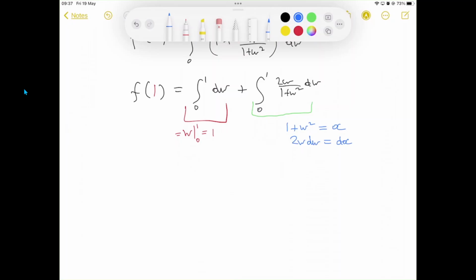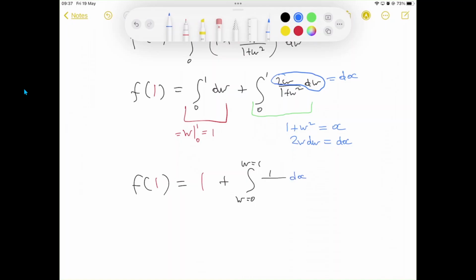And what do you notice? Well, we have 2w times dw here. That is equal to d alpha, isn't it? So this integral, we still have the 1 from earlier. Let me write f of 1. Don't worry about that. Plus the integral from w equals 0 to w equals 1 of, well, the 2w dw is just equal to d alpha.